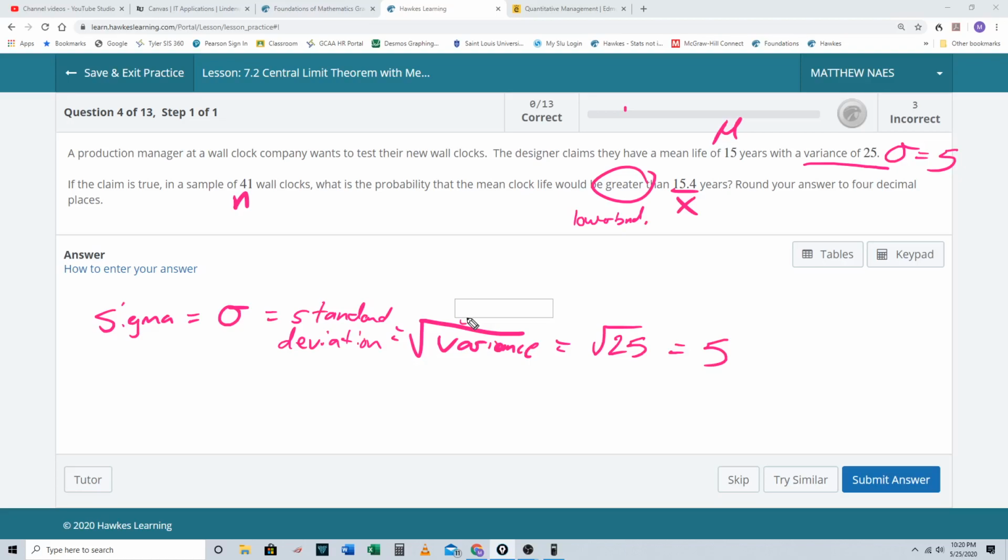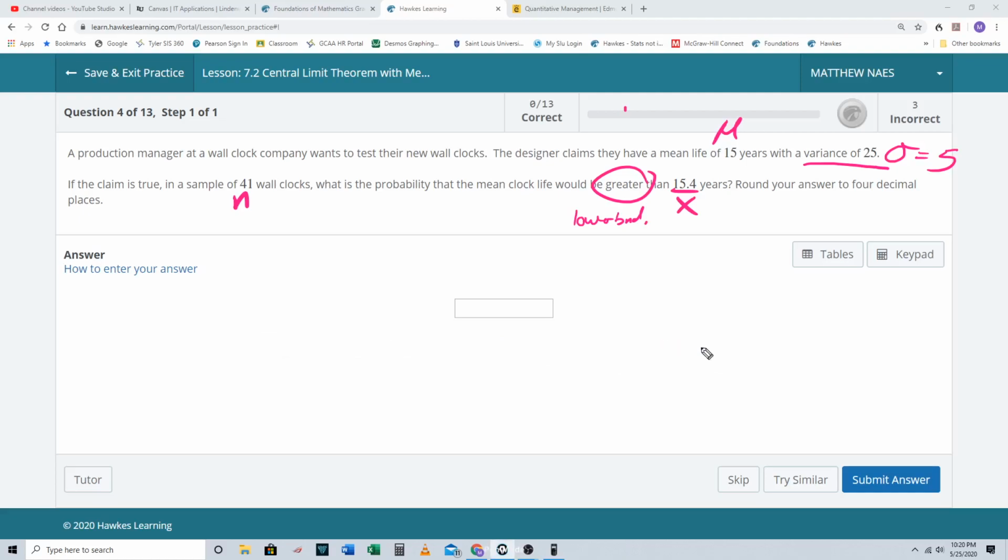All right. So if we put all this in the calculator, we have everything. So mu equals 15, sigma equals 5, n equals 41, and x bar equals 15.4.